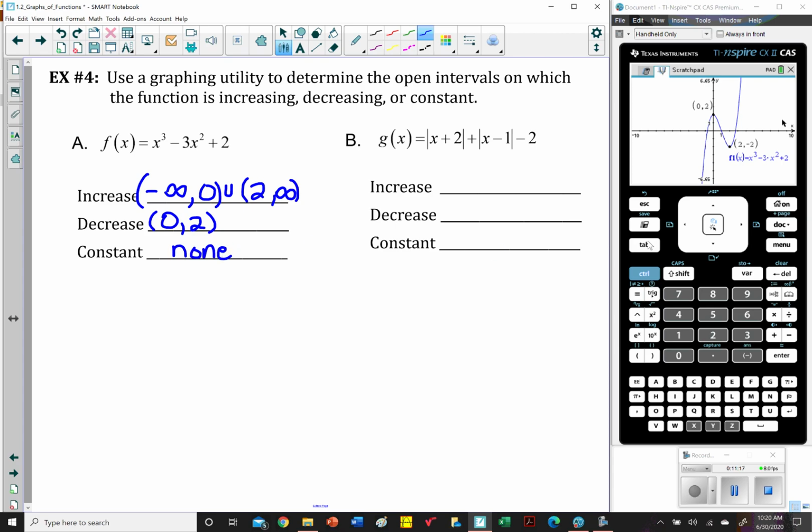Okay, the next graph, let's go turn that one on, delete this one. The next graph has a funny little shape. And the increase begins at 1 to infinity.